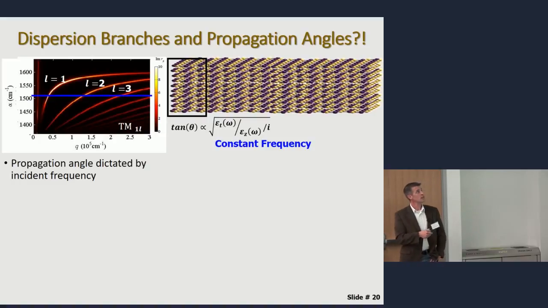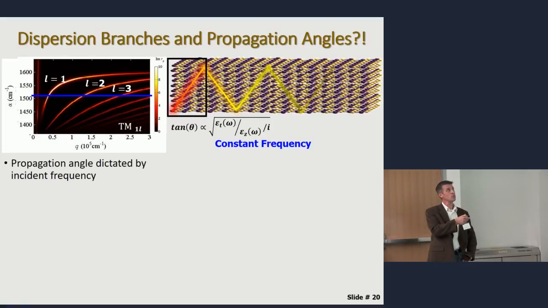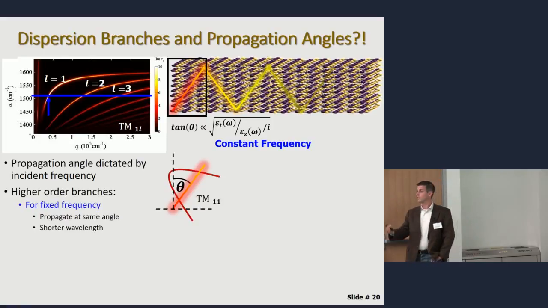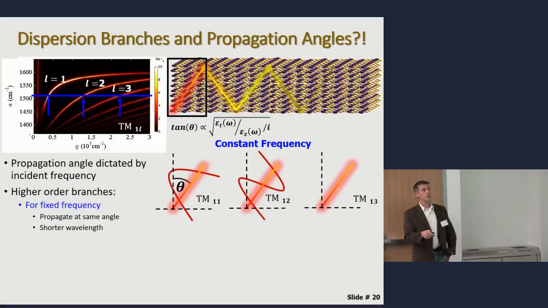Well, if I look at a single frequency and I looked at each one of these modes, I launched my polariton. They're all propagating at this distinct angle. That's dictated by the frequency or the ratios of these permittivities. However, these modes are going to be replicas of each other, higher order replicas of each other. So you have a single wavelength, 2 wavelengths, 3.